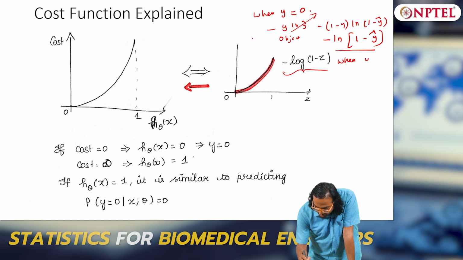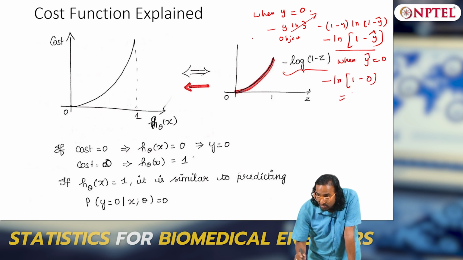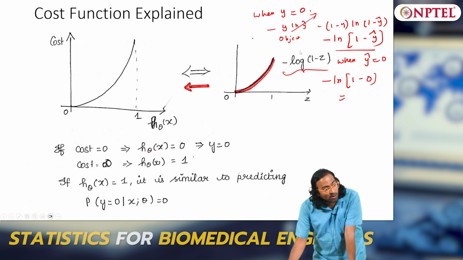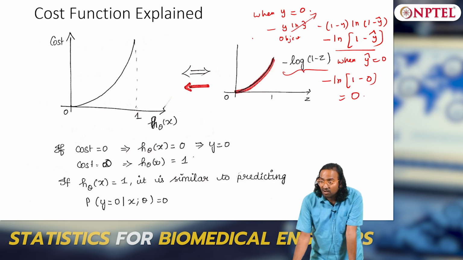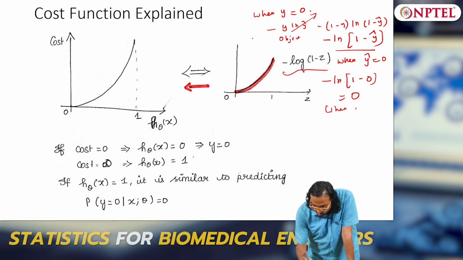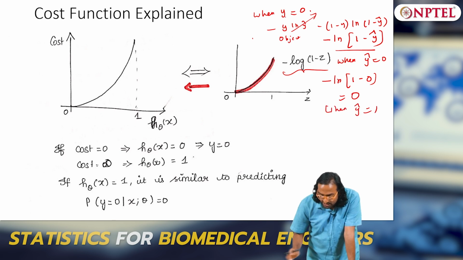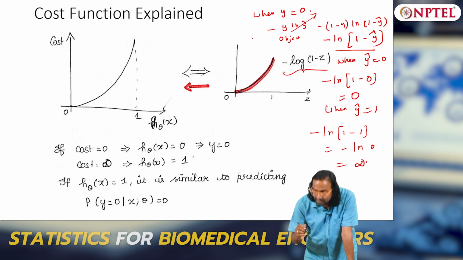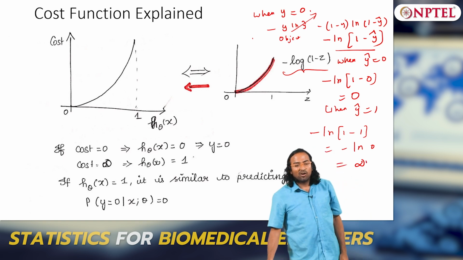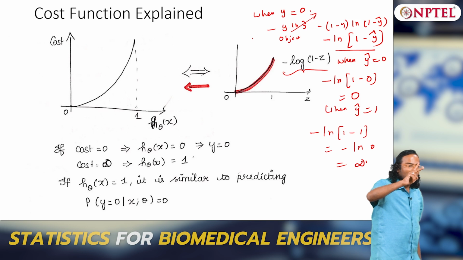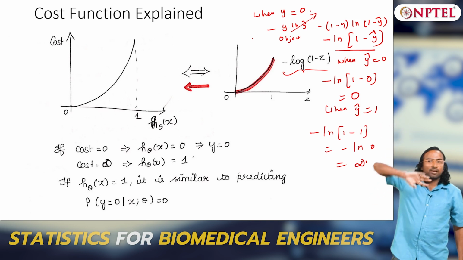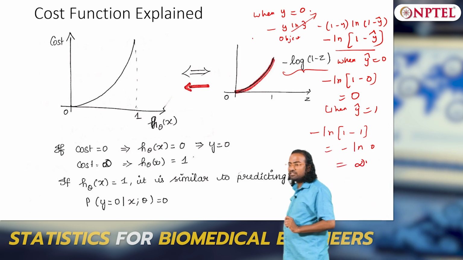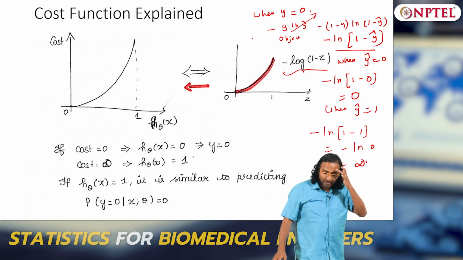When y hat equals 0, the output is minus ln(1 minus 0), which is minus ln 1, so the cost is 0. When y hat equals 1, you are predicting wrongly, since the truth is 0. The cost is minus ln(1 minus 1), which is minus ln 0, infinity. So in both cases, if you predict wrong the cost is very high, and if you predict correct the cost is 0.